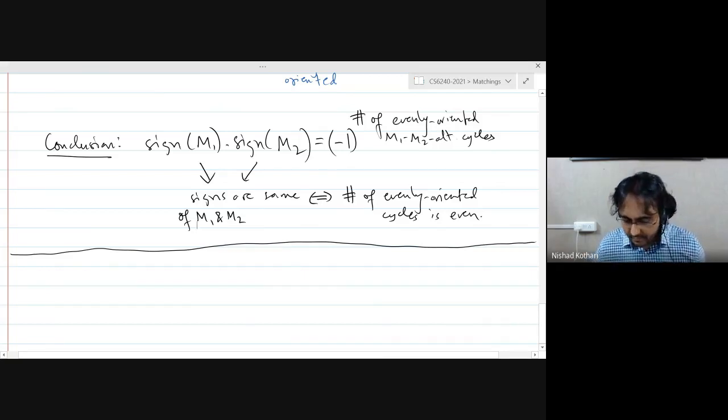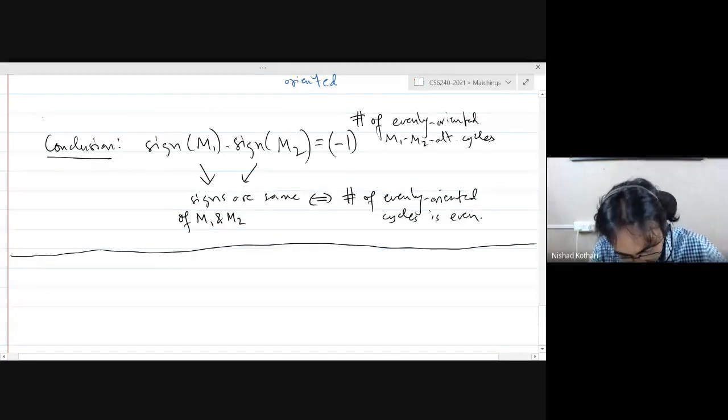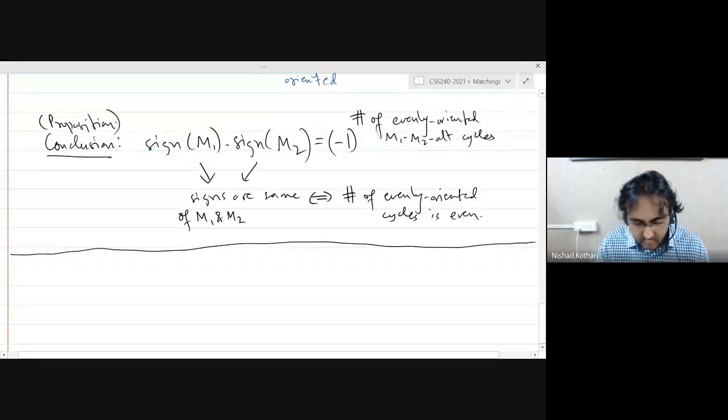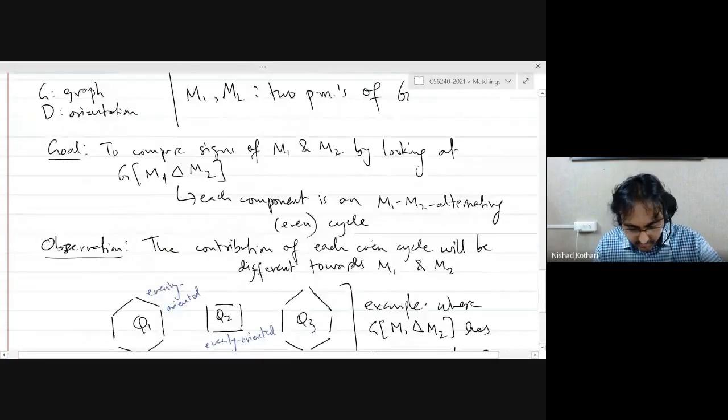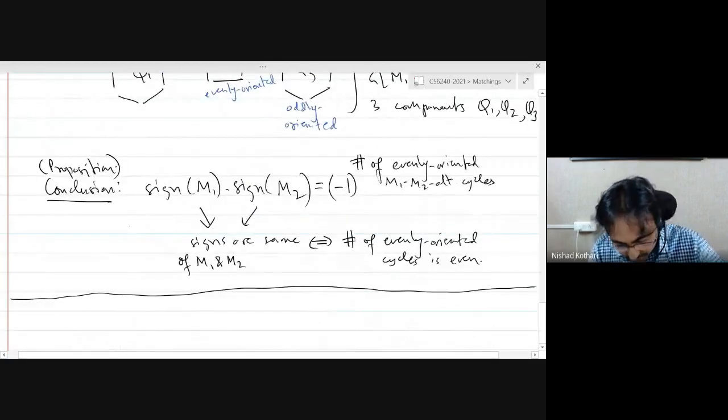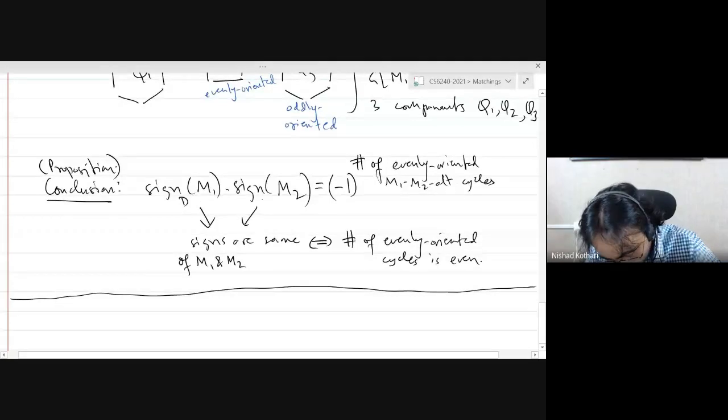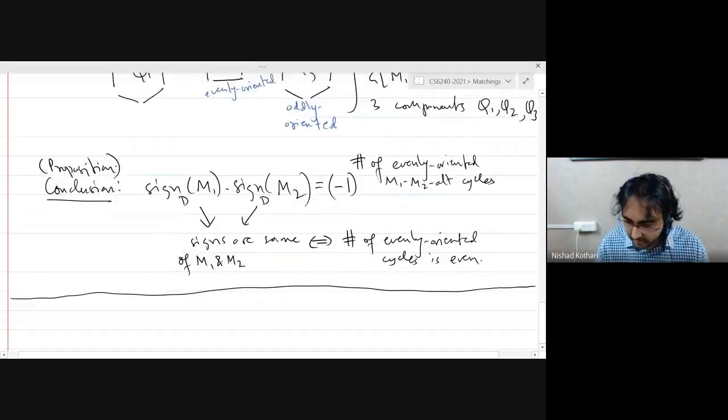So you can call this a proposition, right? So the setup is given here. You have a graph G with an orientation D, and I should be more precise here. We are looking at the signs with respect to that orientation, right? Okay, good.